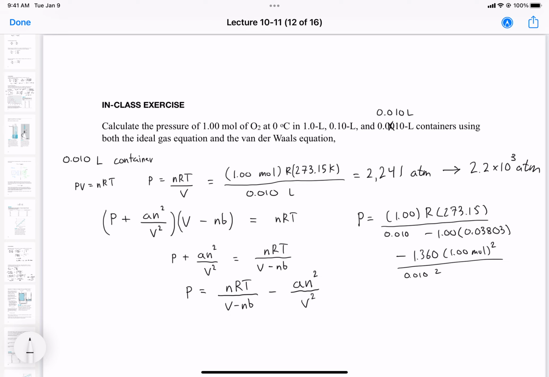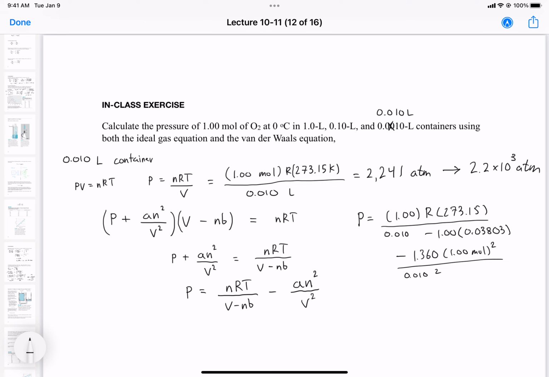All right, divided by 0.010 minus 0.03803, because we only have 1 mole, so it's going to be multiplied by 1. Okay. When we do that, let's put it in your calculator. You want to make sure you put some parentheses, or you could just calculate the values intermediately and then carry those values on to your calculation. But it might be better to just put the whole calculation all at once in your calculator using parentheses.